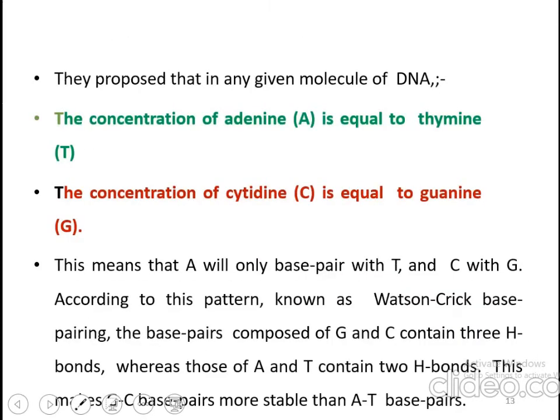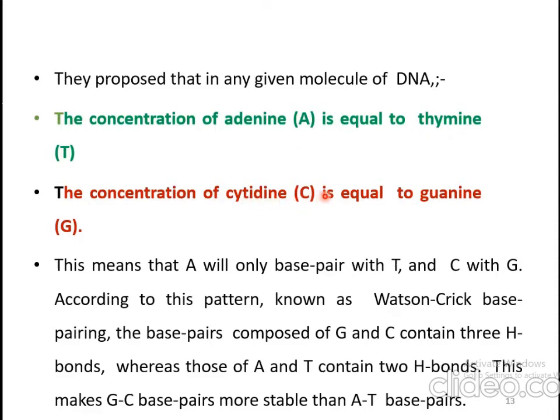They proposed that in any given molecule of DNA, the concentration of adenine is equal to thymine, as well as the concentration of cytosine is equal to the concentration of guanine. Equal numbers of adenine and thymine are present, and equal quantities of cytosine and guanine.